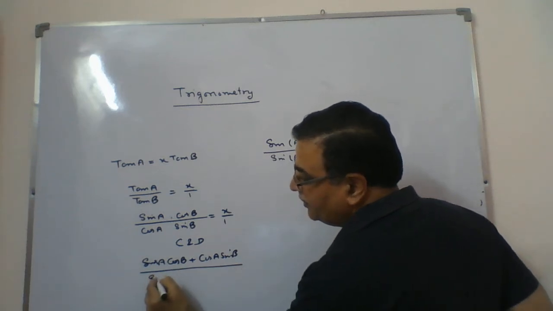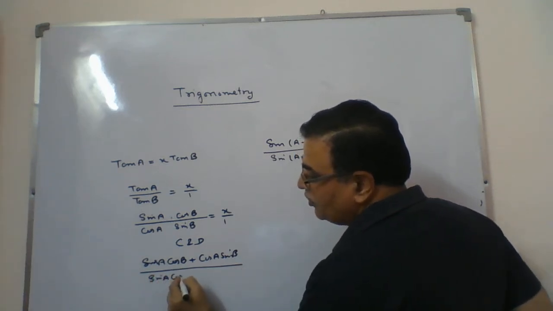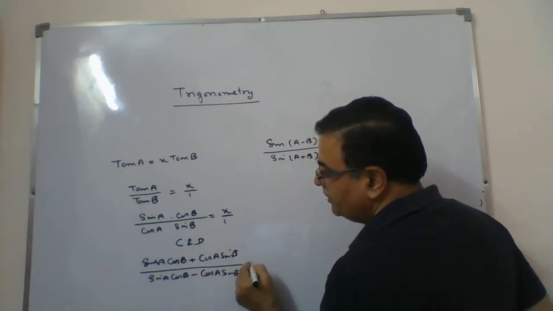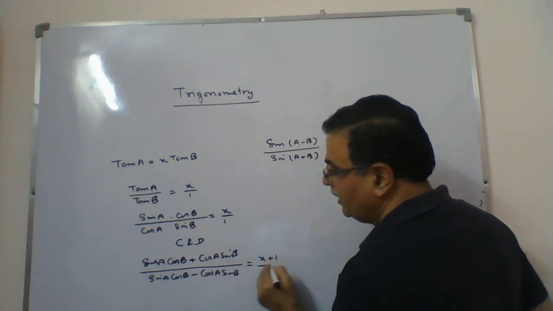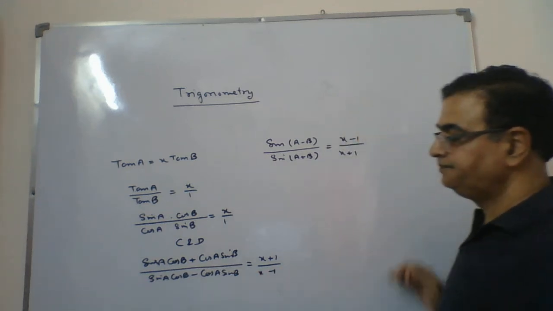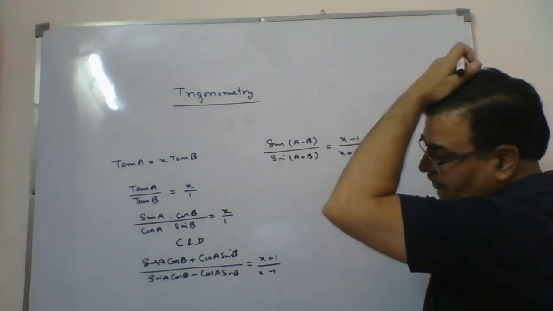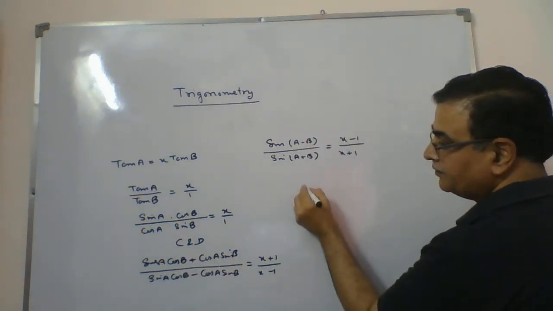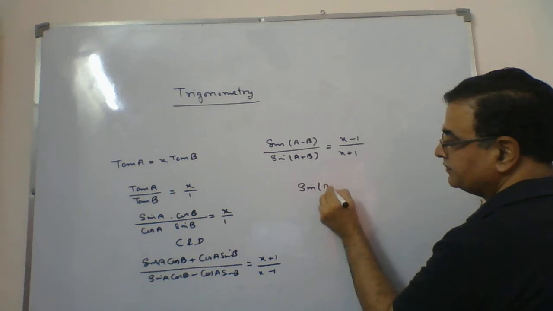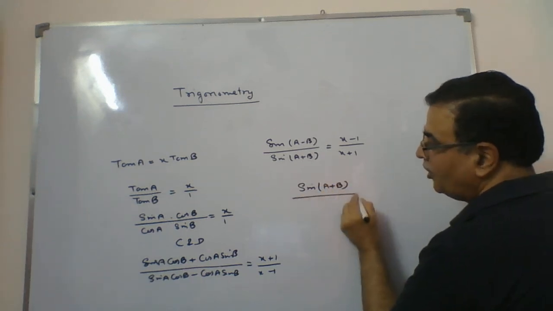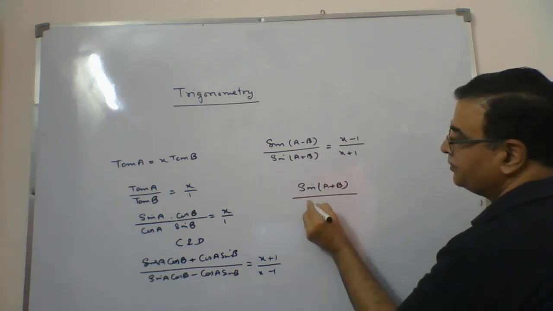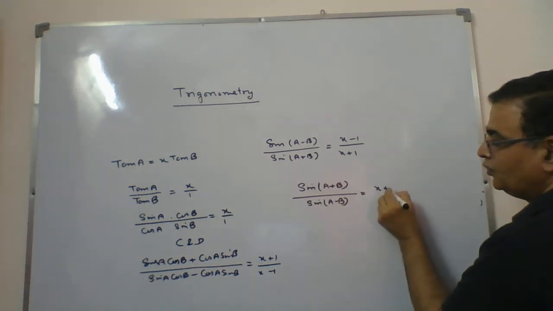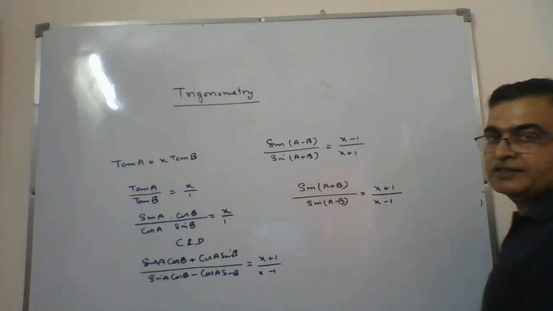Same way in the denominator, sine a cos b minus cos a sine b comes out to be x plus 1 by x minus 1. Now when you solve the numerator, what does it come out to be? Sine a plus b. Denominator says sine a minus b, equal to x plus 1 by x minus 1.